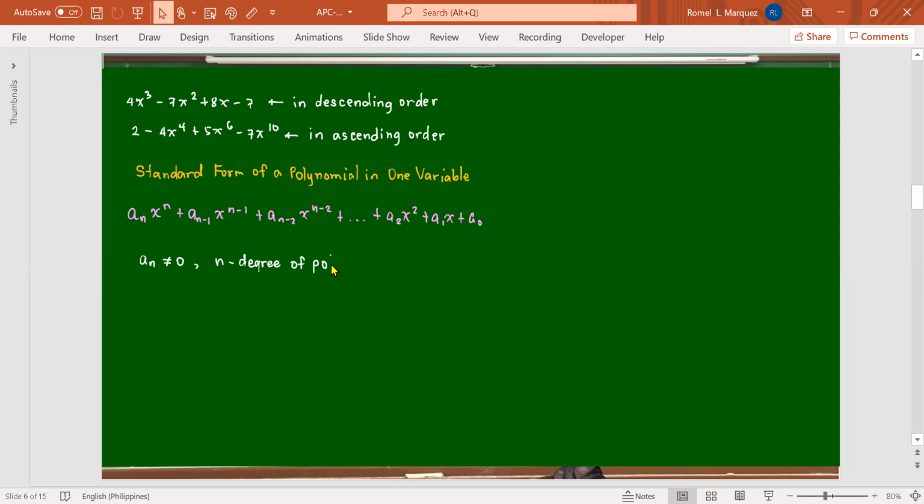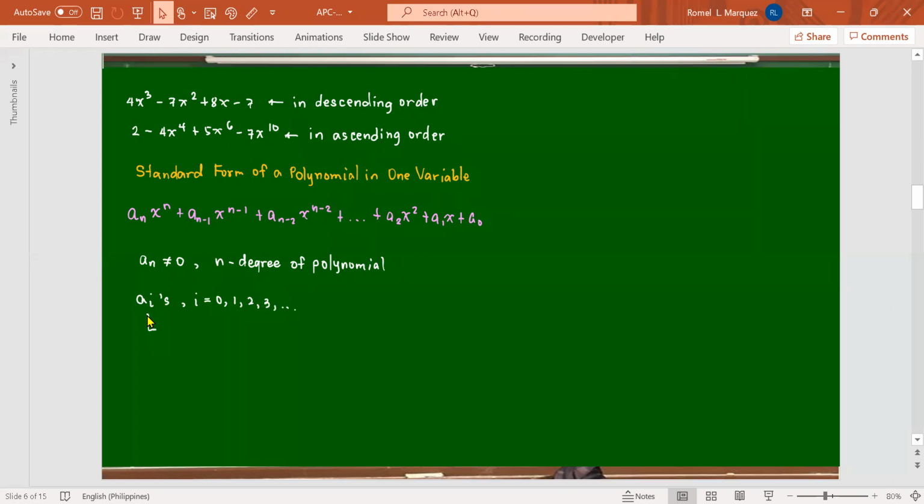Pero ang 0 is a polynomial also. Okay? A sub i's. Ano yung a sub i's? A sub 1, a sub 2, a sub 3, for i equals 0, 1, 2, 3, and so on.